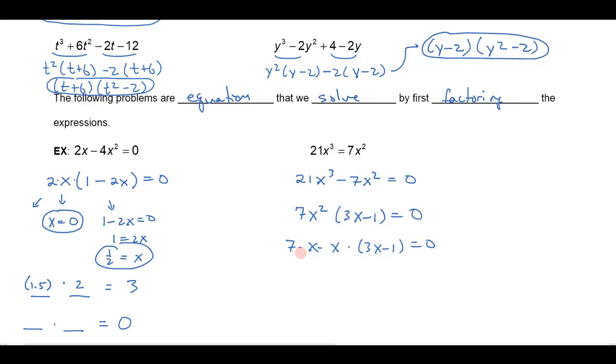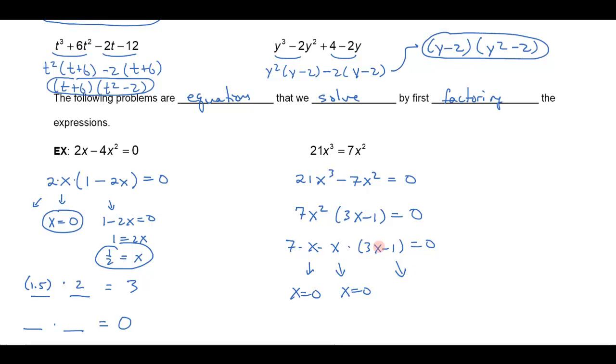But the same thing, I actually have 4 numbers multiplied together to give me 0. And the only way you can multiply to get 0 is one of them has to be 0. Well, obviously this first one isn't 0, so that's not a solution. But this one could be 0. And of course that's the same thing as this one being 0.